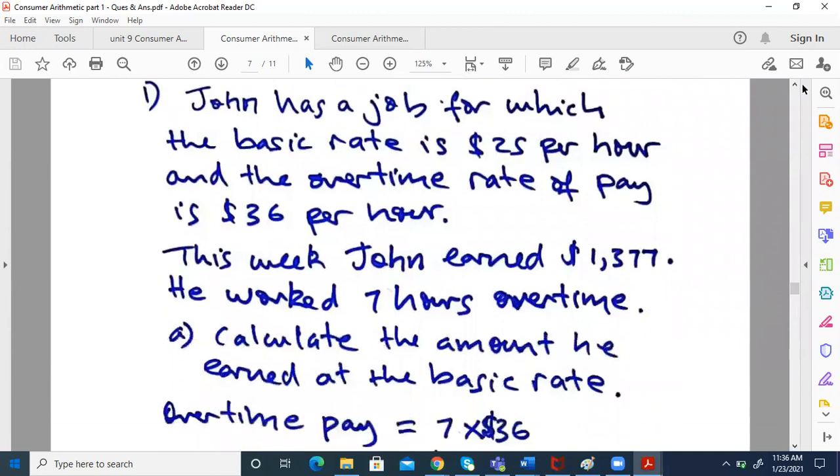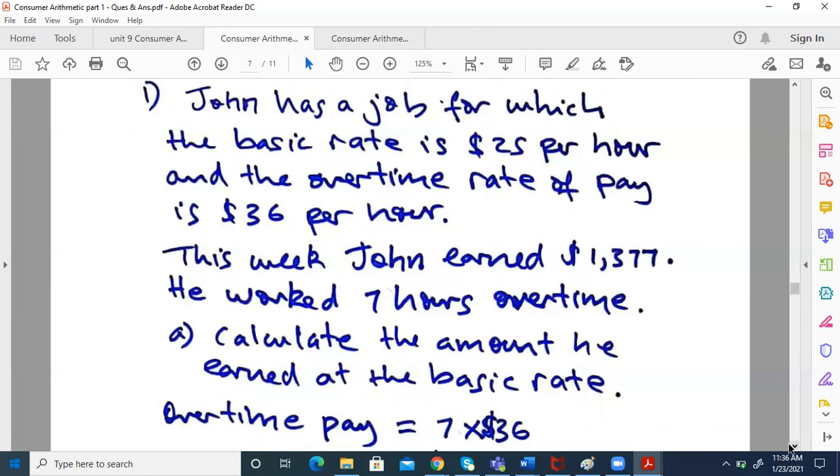All right, fine. So at the basic rate, say you work 7 hours. Oh crap! It's to calculate the amount you earn at the basic rate. So I'm already giving away a lot of things. So 7 hours times 36.